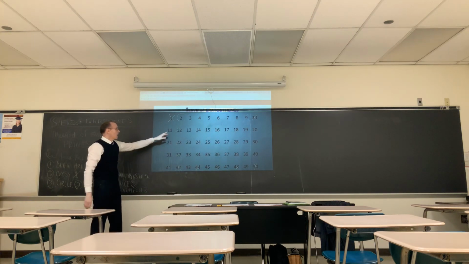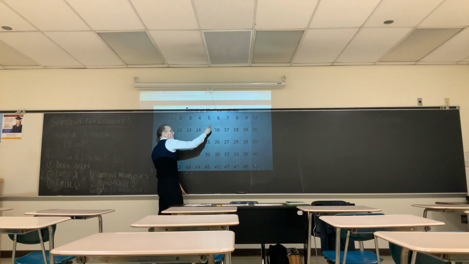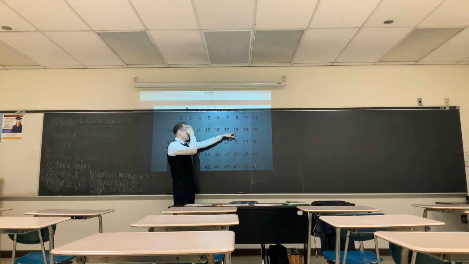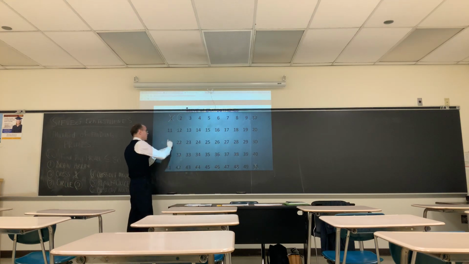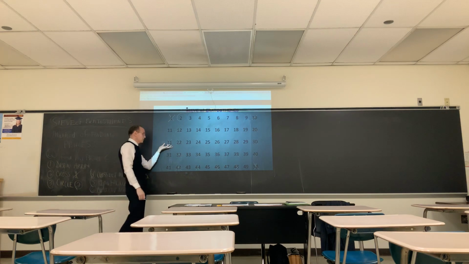12 would be the next after that, but it's already accounted for. 15, 18, same situation. 21, remember 21, 1 times 21 and 3 times 7, so multiple of 3.